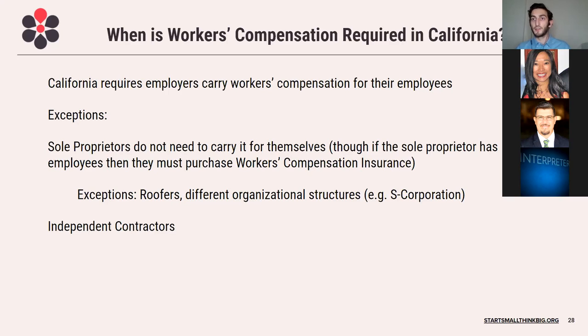For example, if you're an S corporation, even though you're employing yourself, you're the employee of this entity, and that entity is required to have workers' compensation insurance for their employees. And then the last one is independent contractors, which is why there's that importance, as this is one of the obligations that differs between employees and independent contractors.